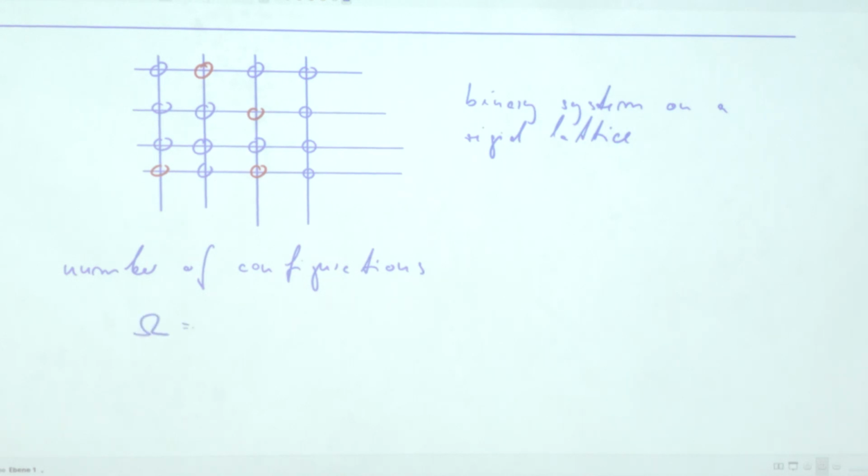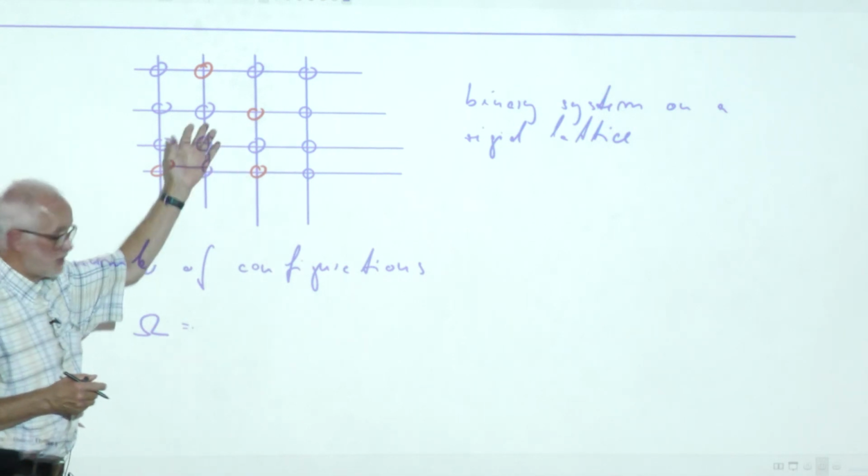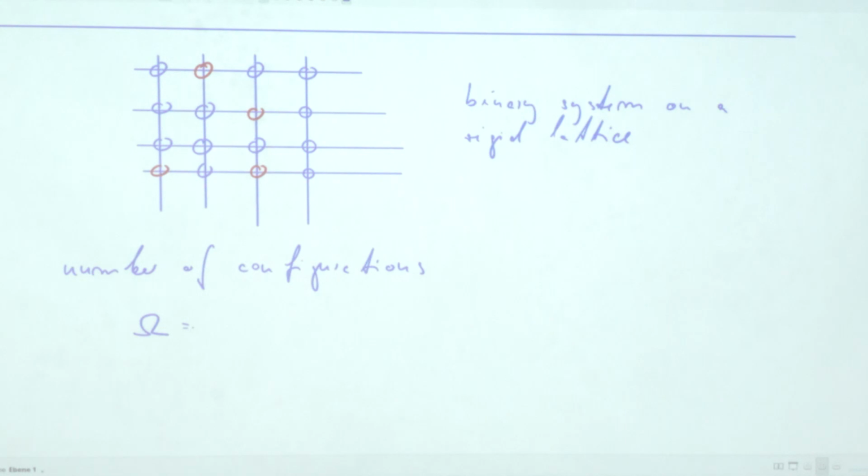Omega. If we have so many red atoms, we just have to count the number of possibilities we have for the red atoms, the rest is blue.